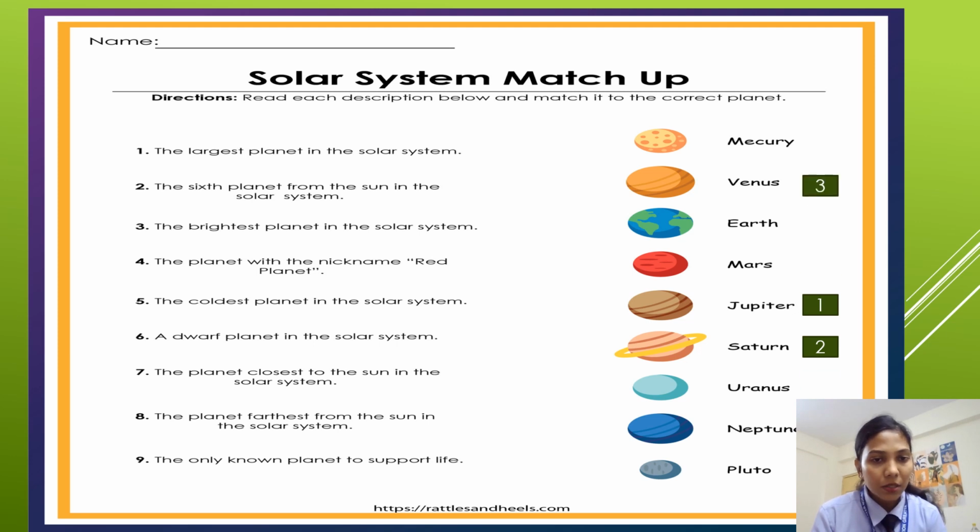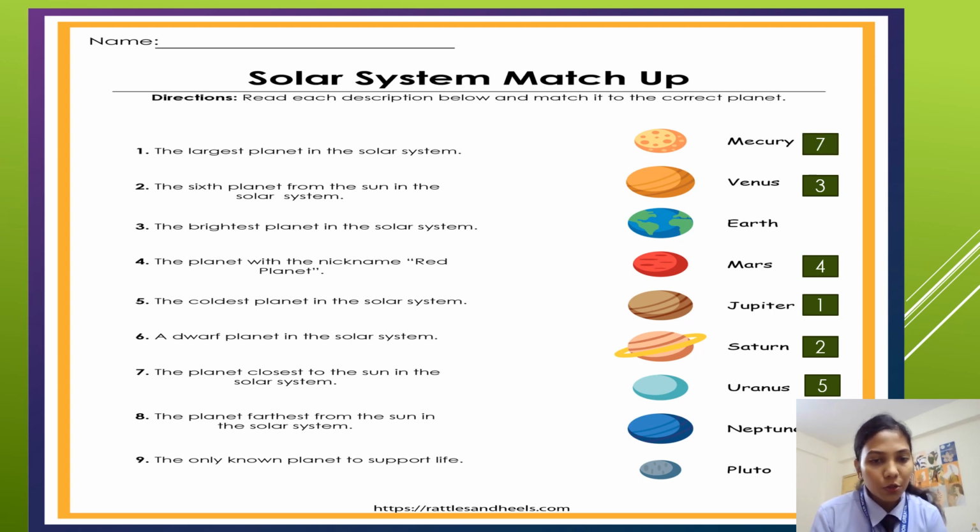The brightest planet in the solar system is, very good, Venus. The planet with the nickname red planet is Mars. The coldest planet in the solar system is, very good, Uranus. The dwarf planet in the solar system is Pluto.